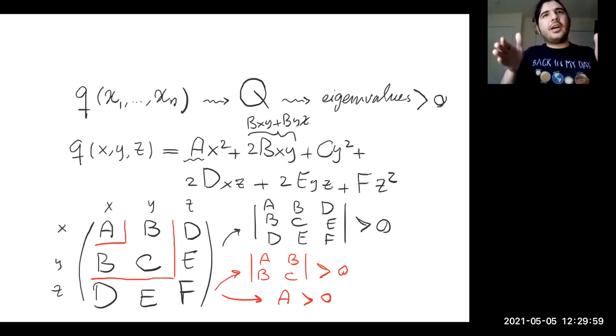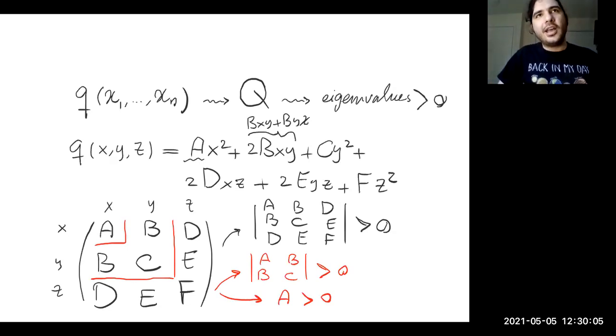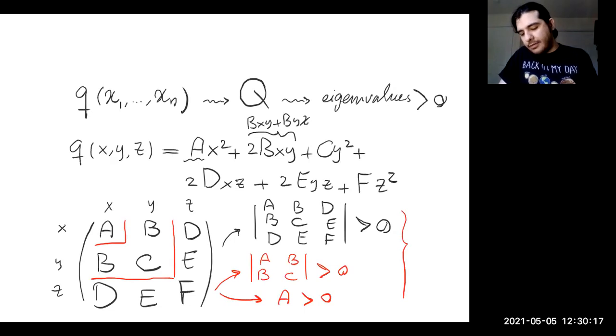And in a trivial way, you can think what would happen for 4 by 4 matrices, 5 by 5 matrices, etc. You would get a sequence of submatrices getting smaller, and you just want the determinant of all of them to be positive. Well, this is actually equivalent to saying all eigenvalues are positive.